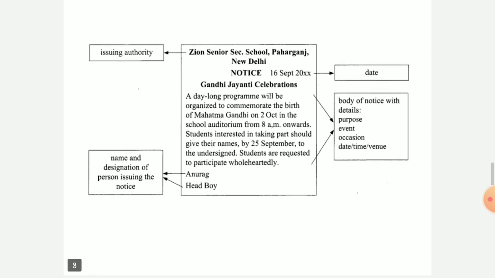Students who are very interested in taking part should give their names by 25th September to the undersigned. Students are requested to participate wholeheartedly. And finally, undersigned C. Anurag, the name of the head boy is given, and I have given an arrow sign where it is written name and designation of person issuing the notice. That is very, very important. And finally, you have to draw the box as I have shown you here. So these things are very important.